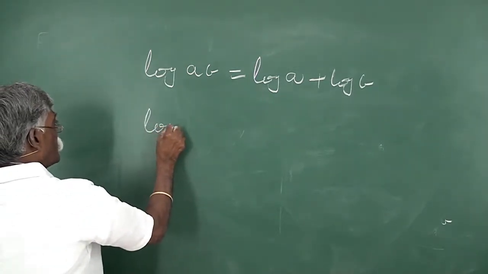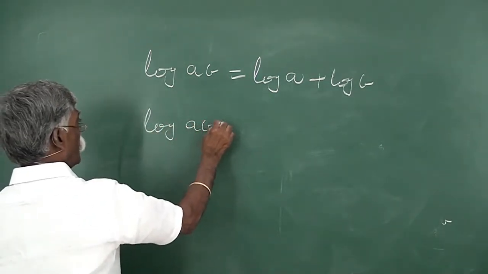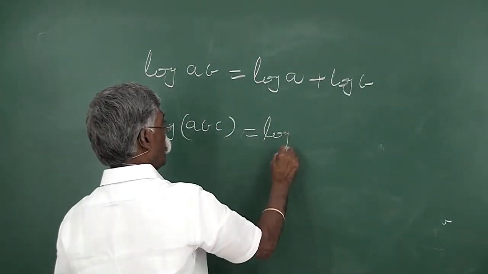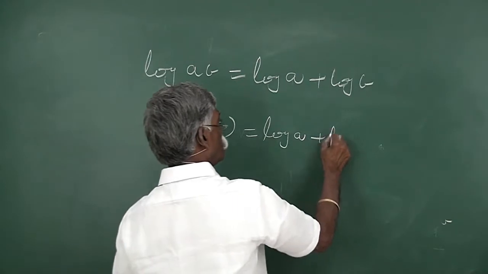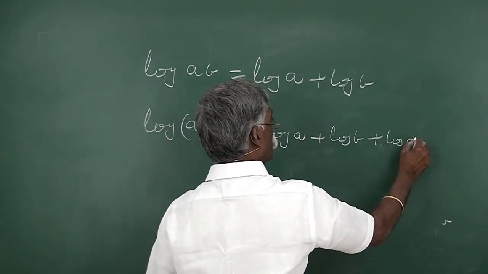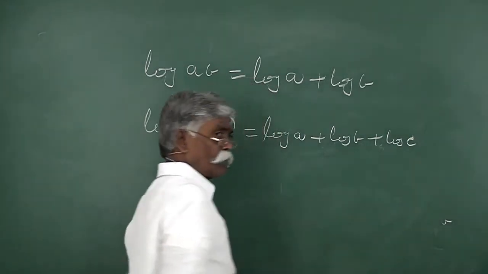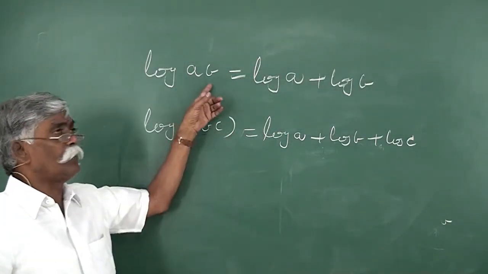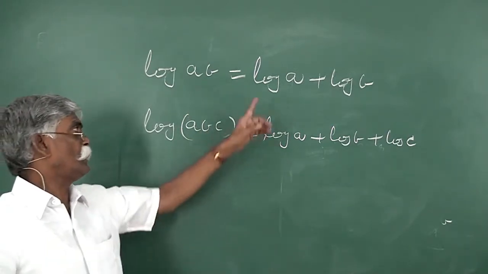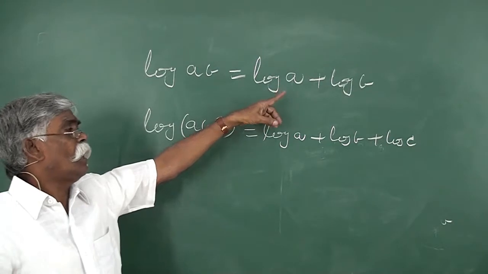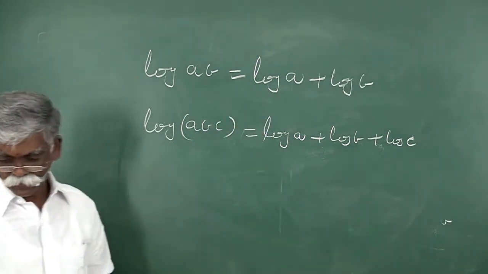And on extension, log ABC is log A plus log B plus log C. That is, the logarithm of the product of any two numbers is equal to the sum of the logarithms of the two numbers.